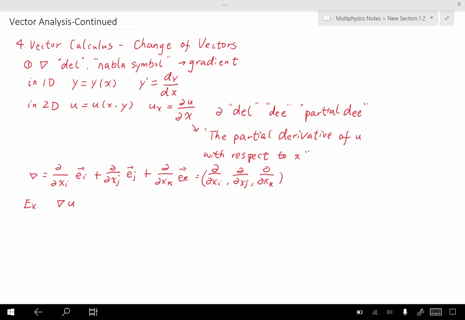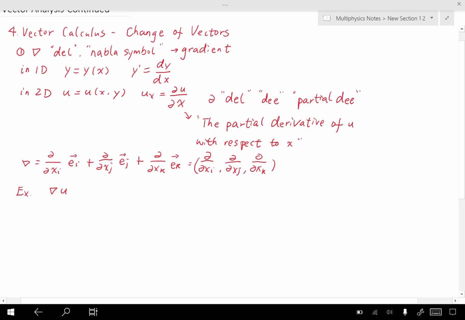So you just need to multiply u with each component of this vector, right? So what's going to happen for this one is partial u partial x e_i, j.